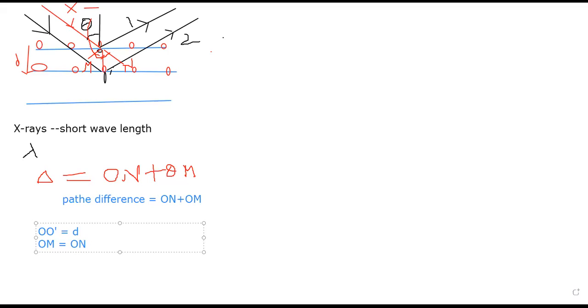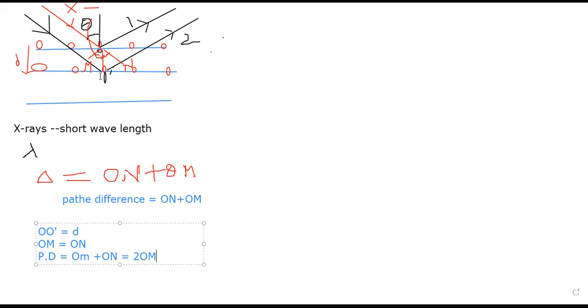So OM equals ON, and the path difference is OM plus ON, which equals 2 OM. If you calculate OM, then you can substitute it into the path difference.